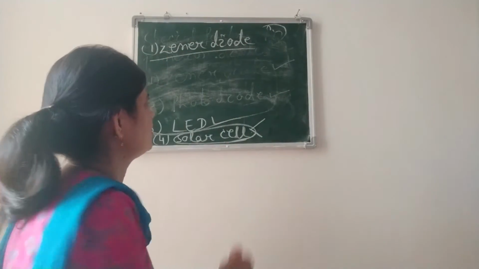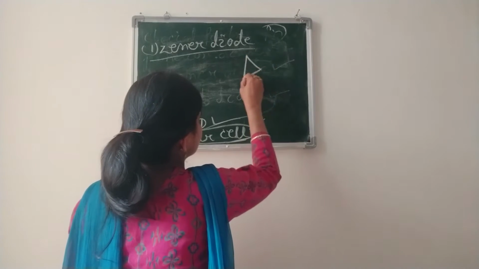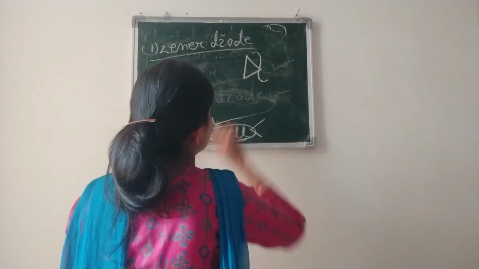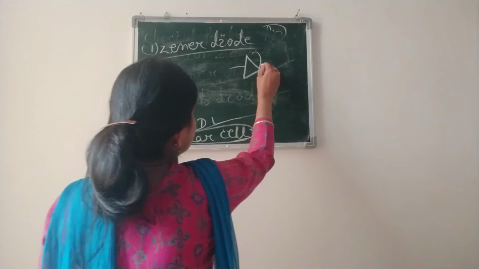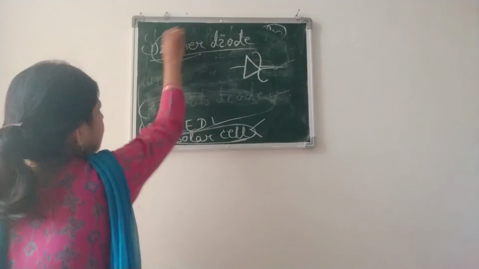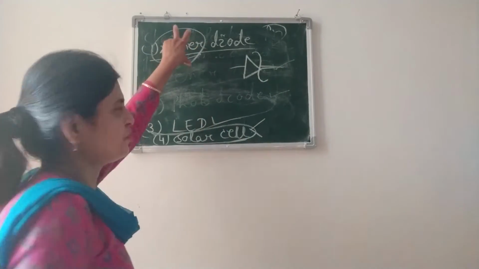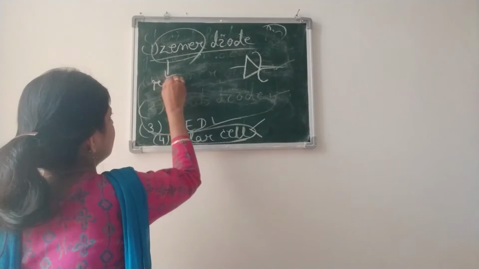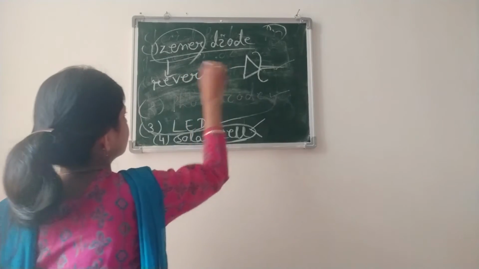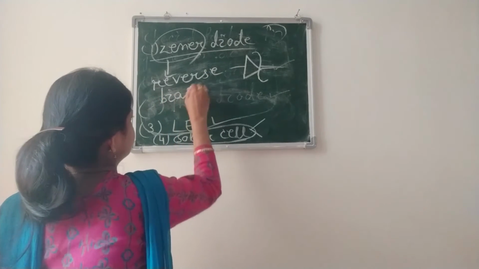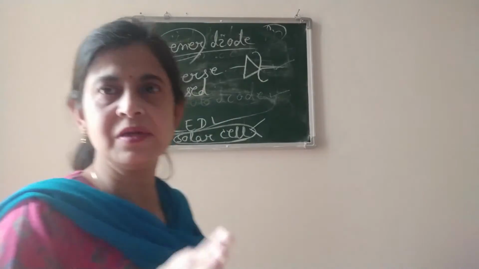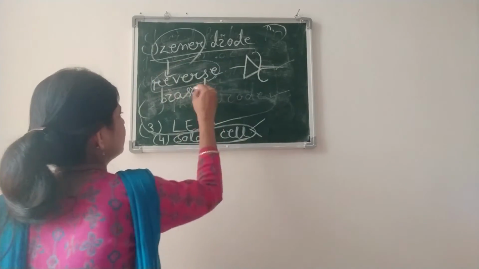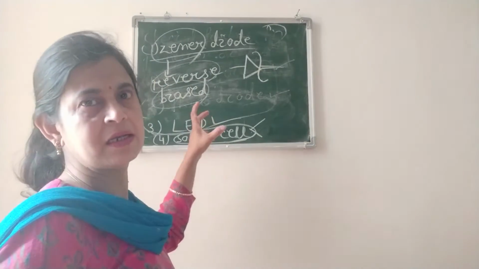What is the symbol of your Zener diode? This is the symbol of the Zener diode. And remember, what is its principle? Zener diode works on the principle of reverse bias. Already we have discussed in many previous lectures the function of reverse bias and forward bias.